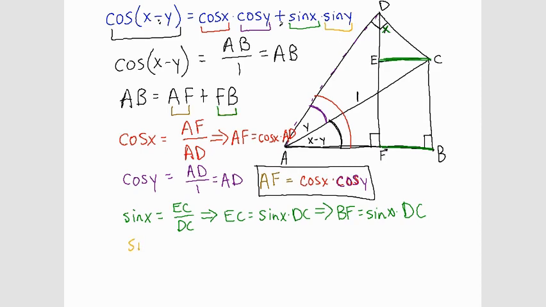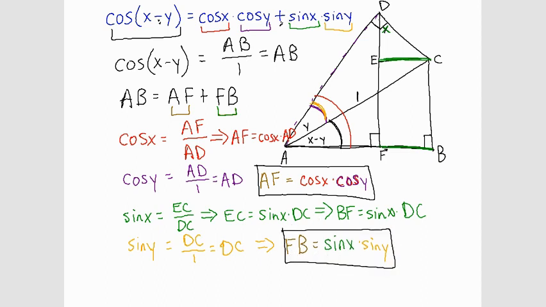So sine y is equal to, that's again, y is this angle, that's DC over 1, which is equal to DC, which implies that FB, I'll go in order this time, FB is equal to sine x times sine y, and we'll go ahead and put a box around that because now we can truly finish it off.